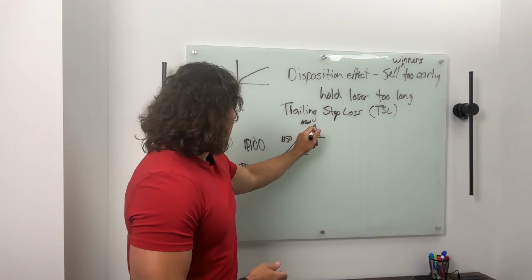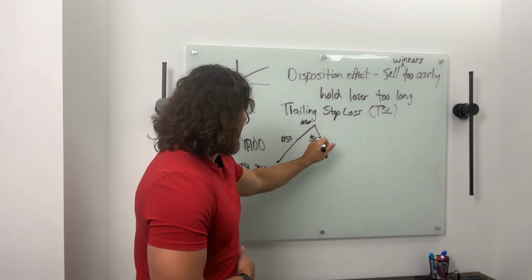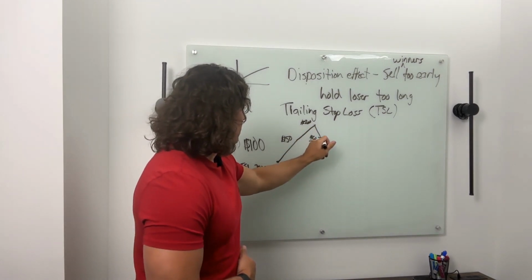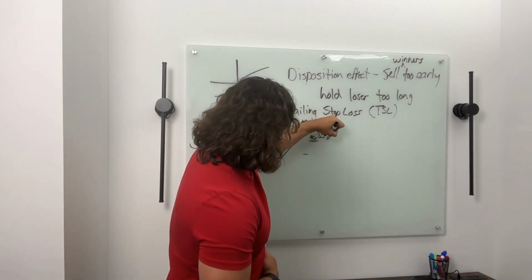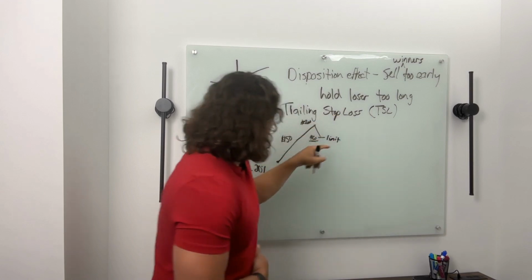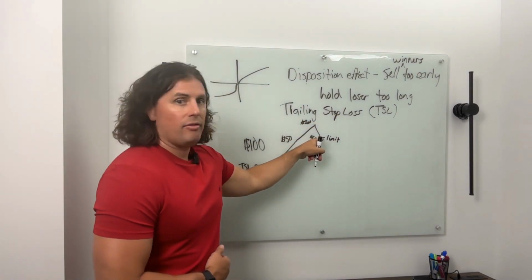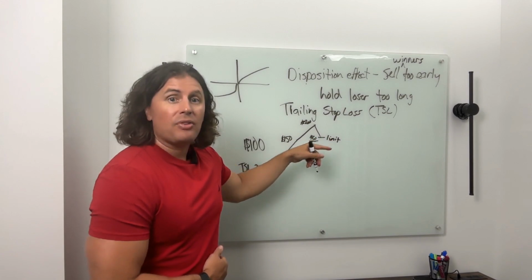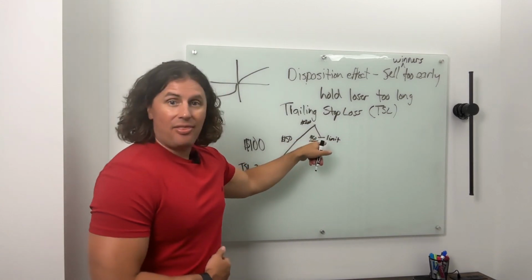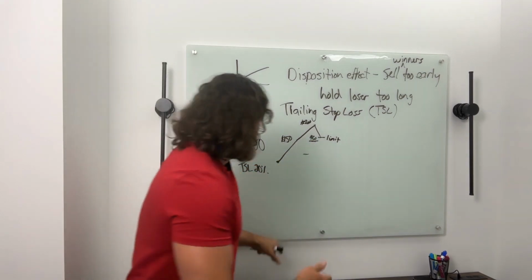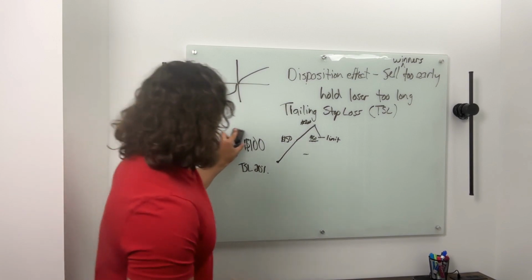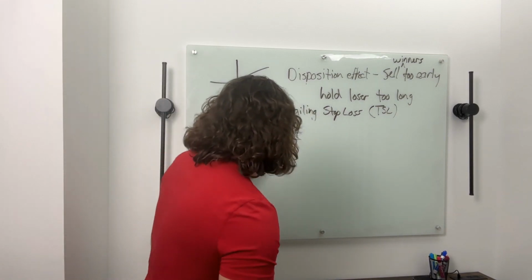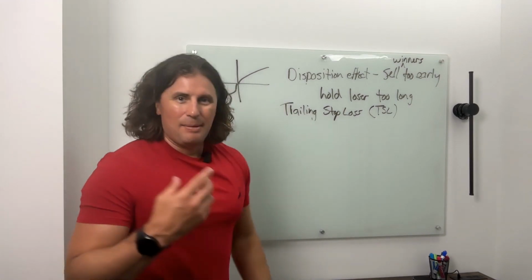So if in this example, it goes down to 160 and the stop loss triggers, it becomes a limit order, which means it needs to go back above or at 160 in order for that sale to fill. So this tends to be a nice way of getting out of these positions, but it's not perfect.